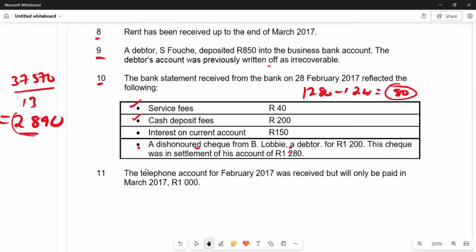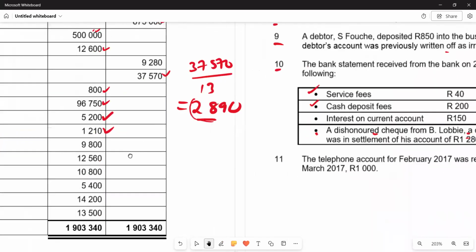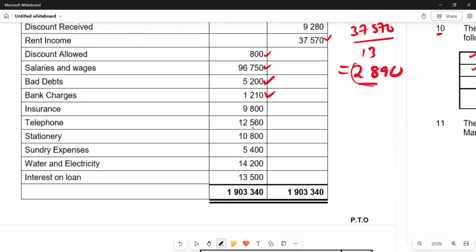So our 240 is also supposed to be added there. Remember, the statement is saying the bank statement received from the bank on 20th February reflected the following. Obviously, these were not captured in the books. So we now go and add our 240 to the figure for bank charges that we are given there. So let's just recheck the figure for bank charges, 1,210, and then we are going to add your 240.